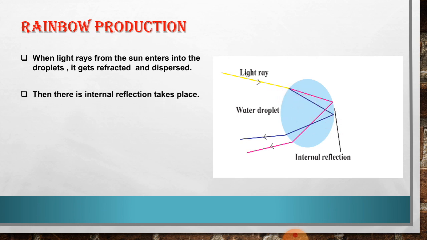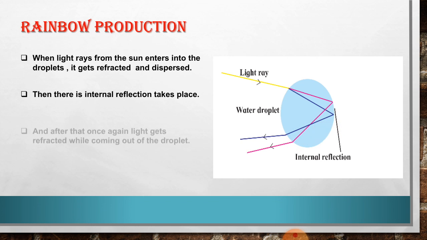Then internal reflection takes place. When the light gets refracted, you can see over here the internal reflection, which means the light again bounces back into the same medium. This is called internal reflection within the same medium.